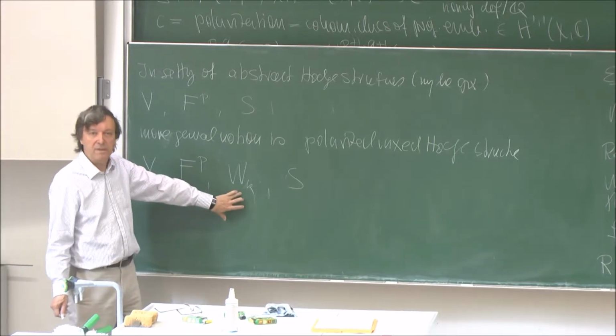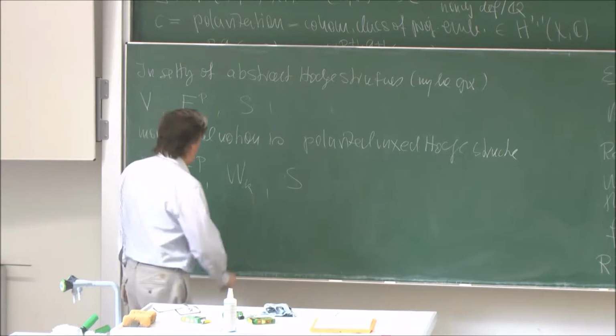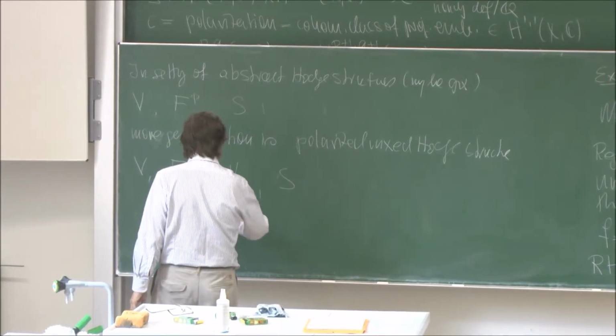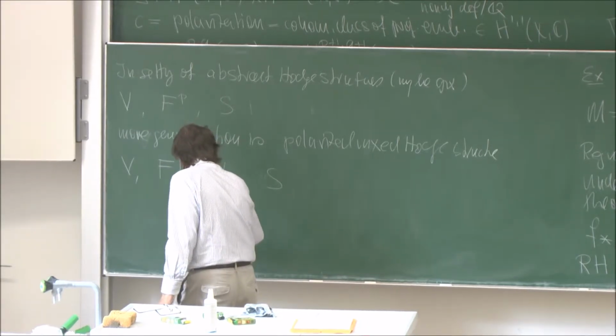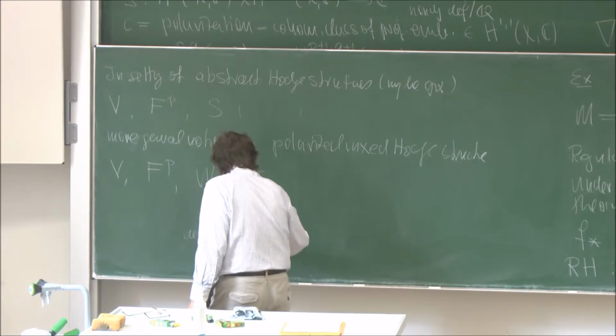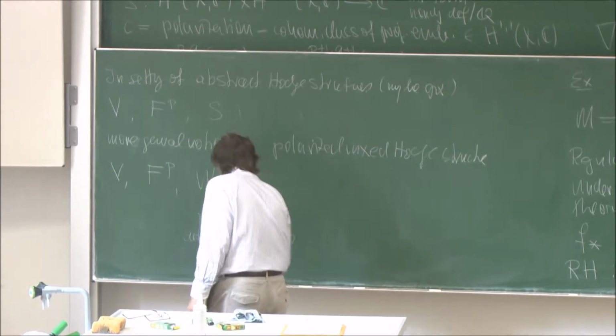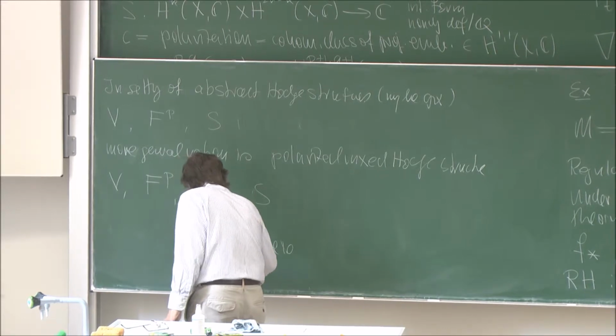If it's at the bottom, it means increasing. So this now is increasing, and it's defined over Q when there is a rational structure.